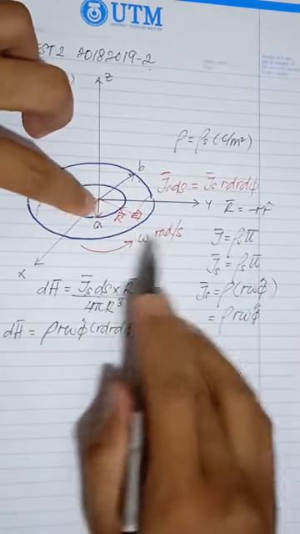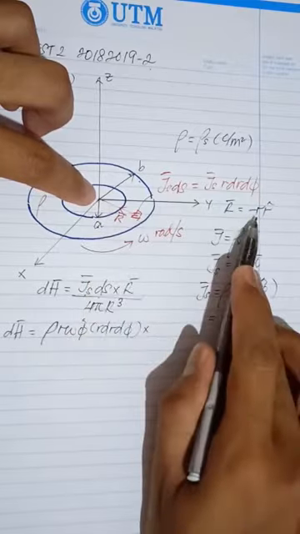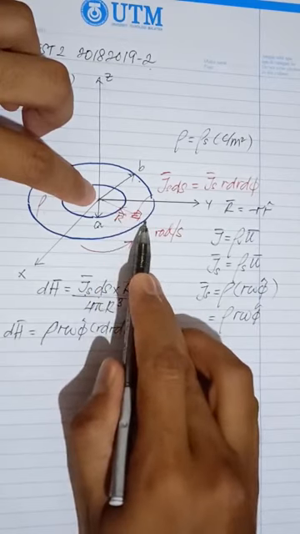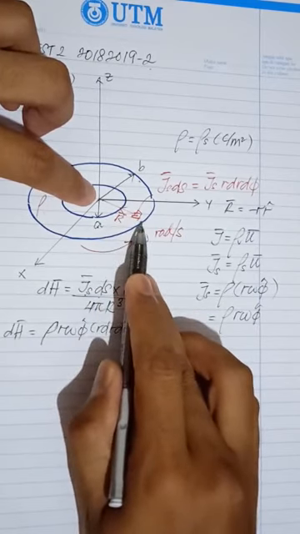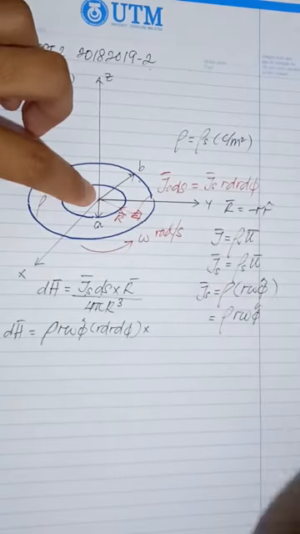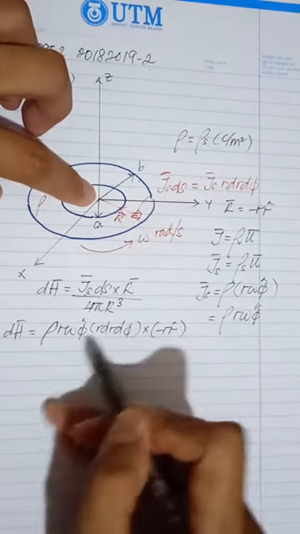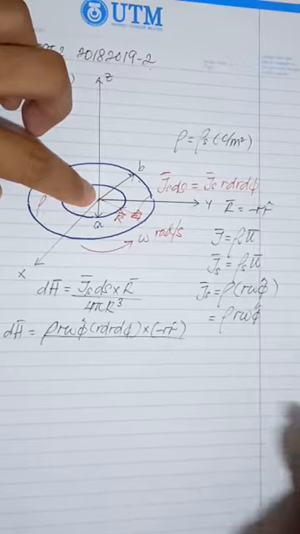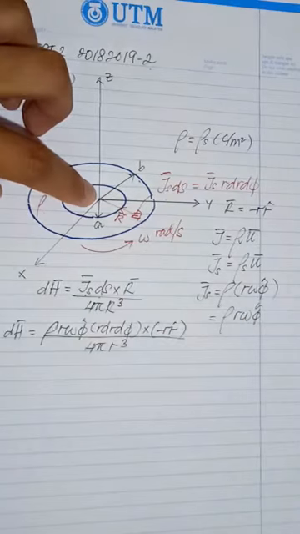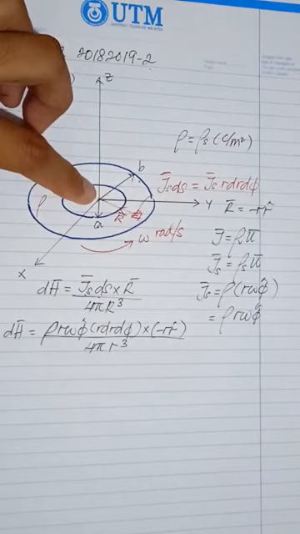Why negative? Because it is readily inward, always from the sample or element to the point of interest. And why do I put r? Because in this case the sample could be anywhere between a and b. So you cannot put a, you cannot put b. You must put a variable to make it valid. So here I have the negative r component only, over 4 pi r cube, where r is the magnitude of this vector. So that's our equation of BSL so far.